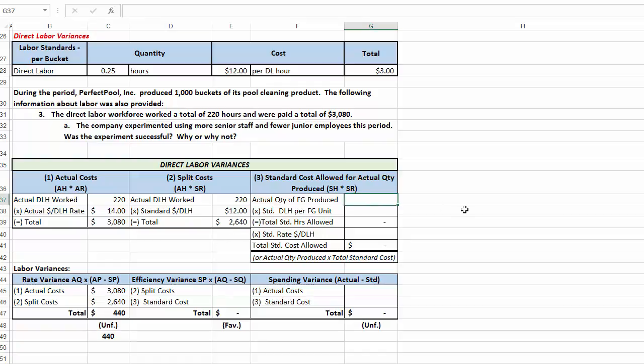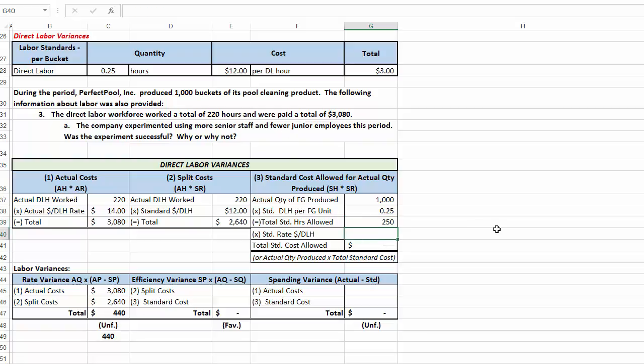And we produced 1,000 buckets, and we were allowed to use 1/4 of an hour per bucket, and so we would have expected to work 250 direct labor hours to produce this particular product. So already, as I mentioned a moment ago, you can see that we are 30 hours favorable with respect to the production of these buckets, and it's probably because we had more experienced staff producing the buckets.